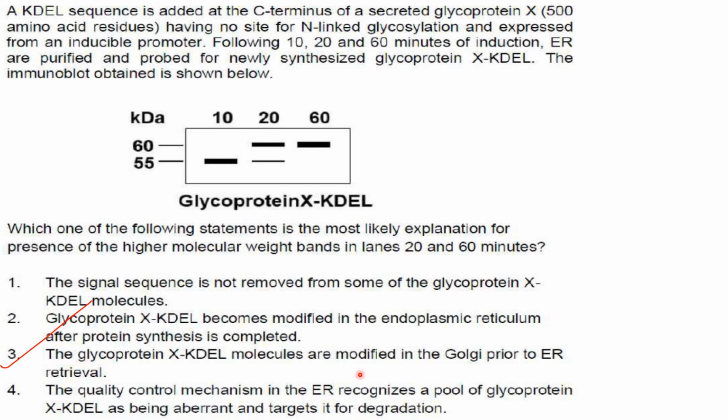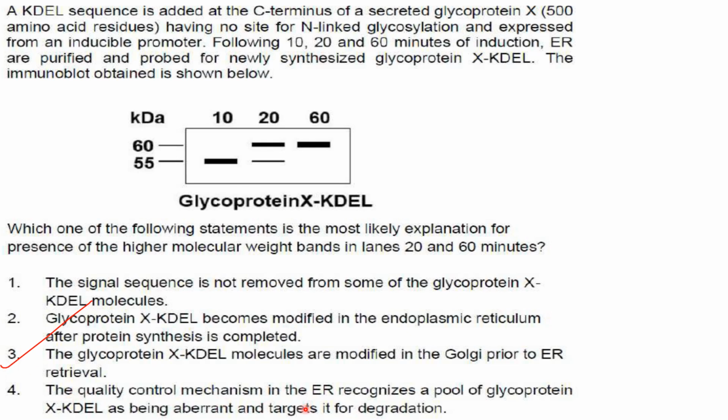Because they can enter the Golgi complex first, then undergo modification there, and I told you because of the KDL sequence they can be transported back to endoplasmic reticulum via what is called retrograde transport. Okay, so they could have got modified in the Golgi and then they would have entered into the endoplasmic reticulum by retrograde transport. So 3 is the right answer.